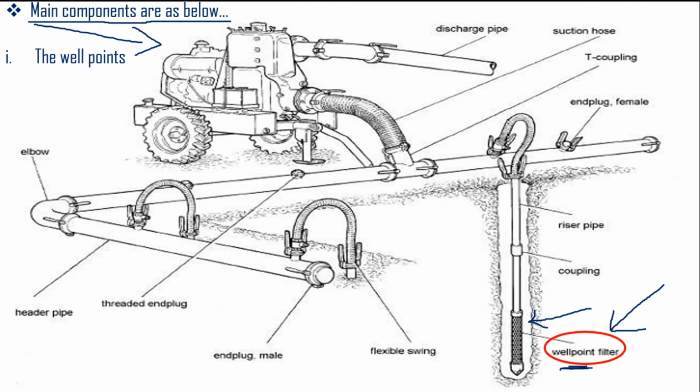Why? Because the process of dewatering depends only on suction. When I install this with the help of a generator or pump system, I use the suction method, and whenever water comes out, it is also possible that dust particles, clay particles, or soil particles will try to enter my system.